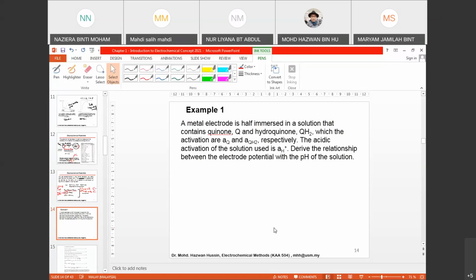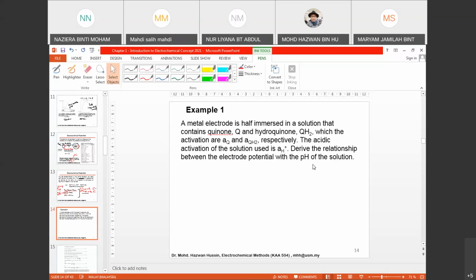electrochemistry. A metal electrode is half immersed in a solution that contains quinone and hydroquinone, which the activity are AQ and AQH2 respectively. The acidic activity of the solution is AH plus.